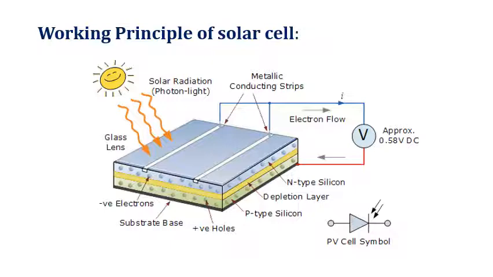Once these electrons are created, there must be an electric field which causes these higher energy electrons to flow out from the semiconductor to do useful work. The electric field in most solar cells is provided by a junction of materials which have different electrical properties.